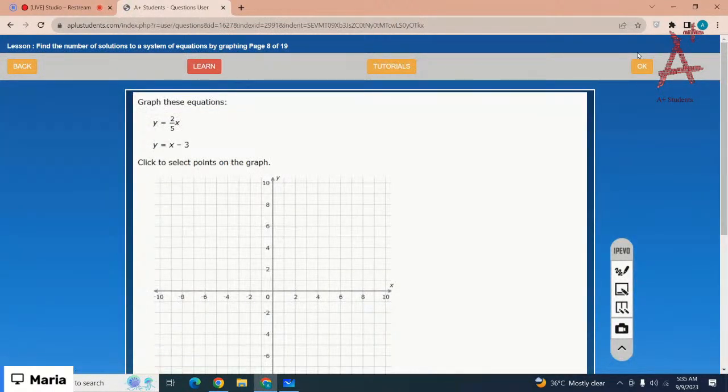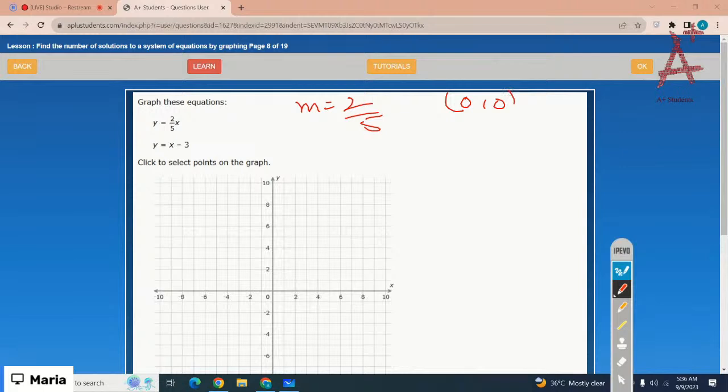Okay, y equals 2 by 5x and y equals x minus 3. So which is the correct option? Y equals 2 over 5x: slope is 2 over 5 for equation number 1. You're not given a y-intercept, so that would be 0, 0.